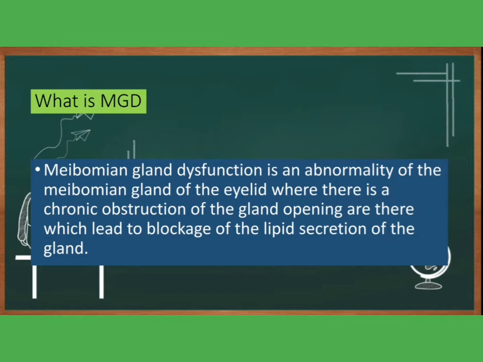Here I said there is some disturbance in the Meibomian gland opening, so the obstruction is there, so the lipid cannot be produced or secreted properly, which ultimately leads to less production of lipid. So less lipid goes to the tear film, which ultimately leads to more evaporation of the tear film, and symptoms like burning sensation, photophobia, pricking sensation, foreign body sensation can appear in the patient if there is Meibomian gland dysfunction, that we are going to discuss in a later slide.